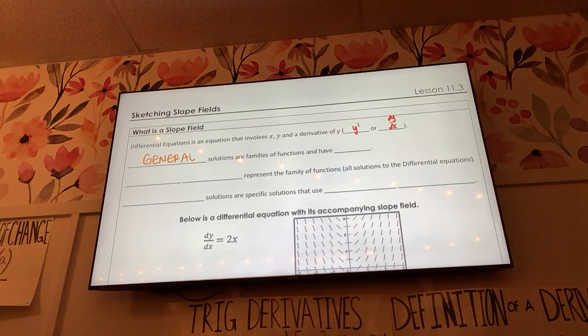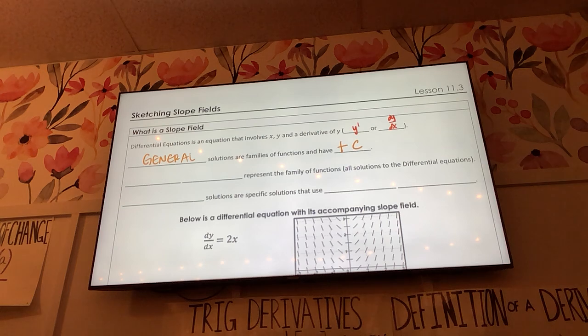And the general solution has a plus c. And so we don't actually know the specific solution of it. We know the general form, and then whatever the constant would be. The plus c is representing the constant.